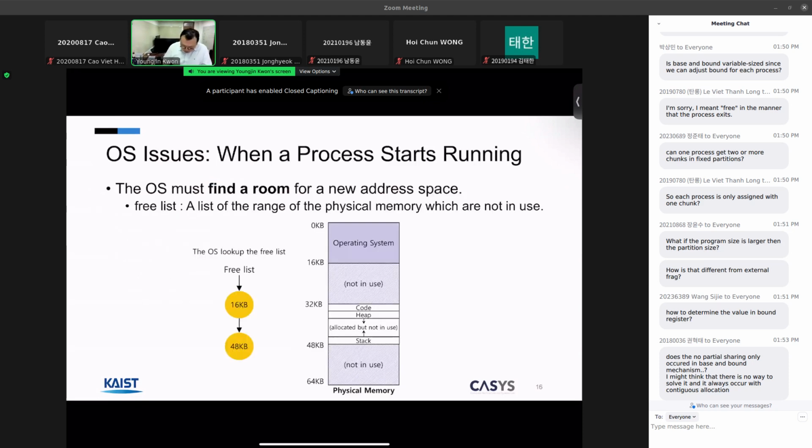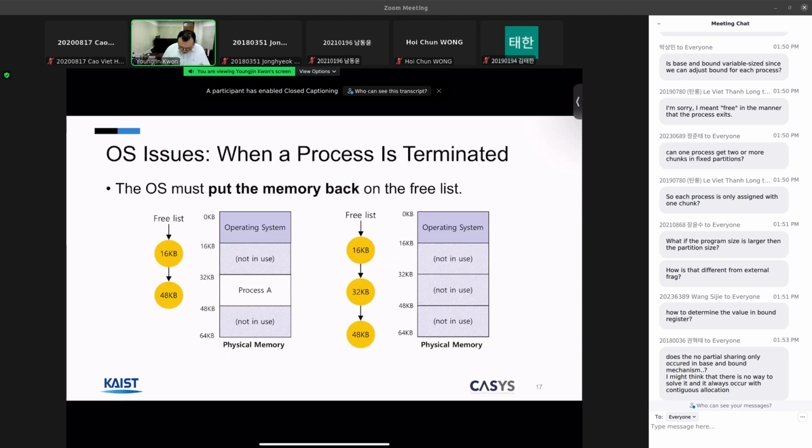For base and bound, the operating system has to maintain the free contiguous chunks. First, when allocating a process, let's say the process uses some size of base and bound register, and the OS finds a contiguous chunk first.